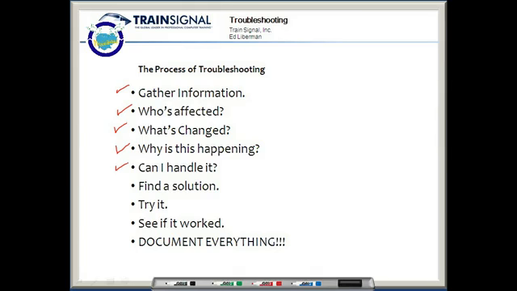Now, speaking of solutions, well, that's the next step. If you're not going to escalate it, if it is something that you can handle yourself, find a solution. And I'll tell you what, this process of finding a solution is not necessarily a one-time shot. It's not a boom, well, here's the solution and we're done. No, here's the process. It's kind of a three-step process to finding a solution.